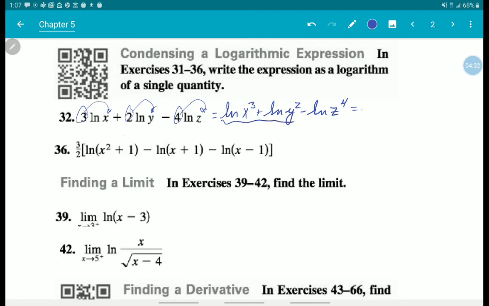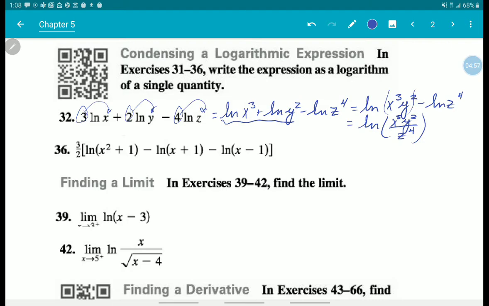So we could rewrite that as the ln of x cubed y squared minus the ln of z to the 4th. And then we could write that as the ln of x cubed y squared over z to the 4th, combining all of those pieces into one logarithm.